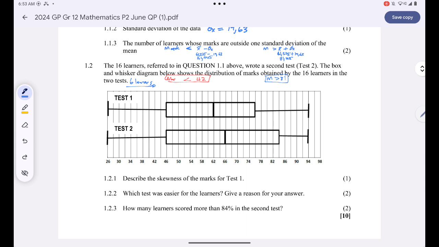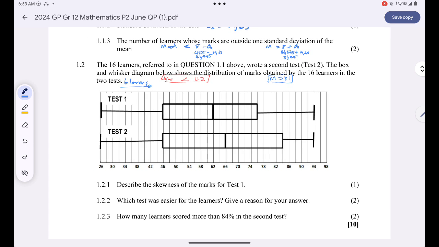First question: describe the skewness of the marks for test 1. If, guys, my mean is greater than the median of the marks, I can therefore say the distribution is positively skewed.